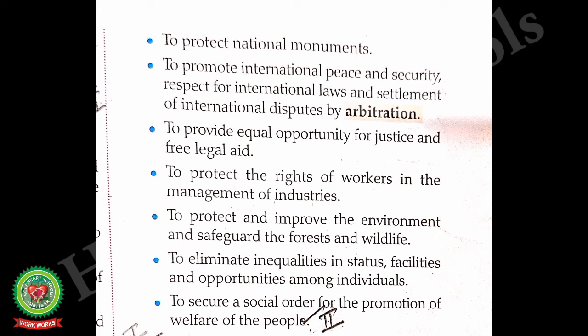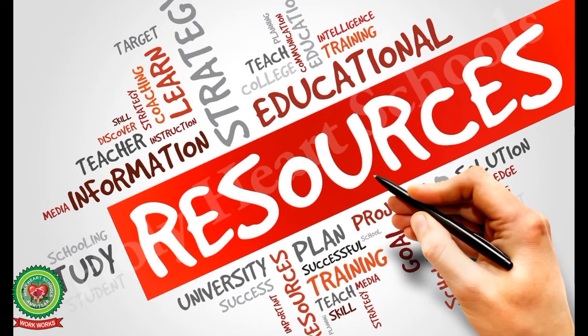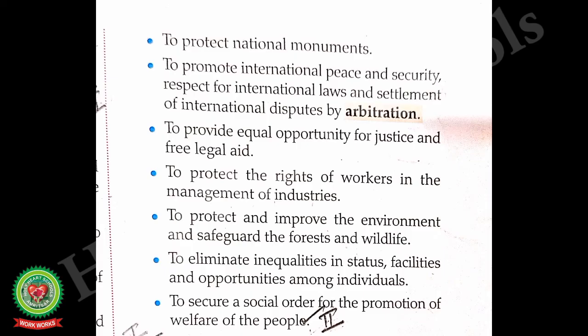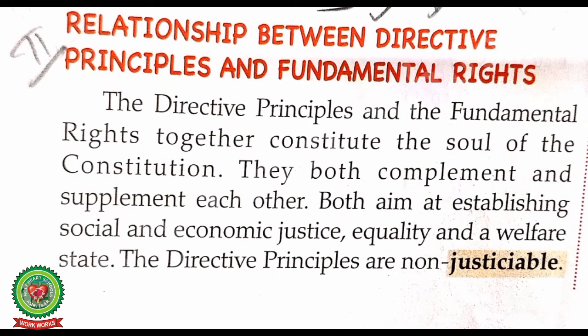Means equal opportunities should be given to men and women, and there should be an equal distribution of wealth and resources among the people. The state shall be responsible for securing a social order for the promotion of welfare of the people. Let's start with another topic, relationship between directive principles and fundamental rights.